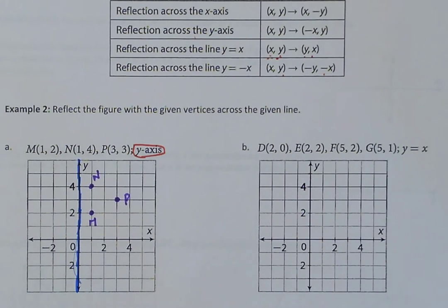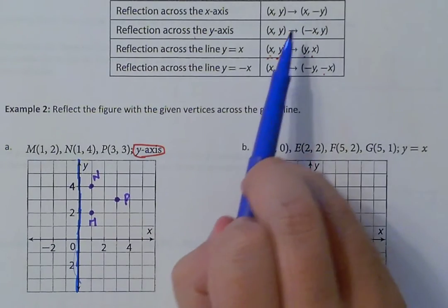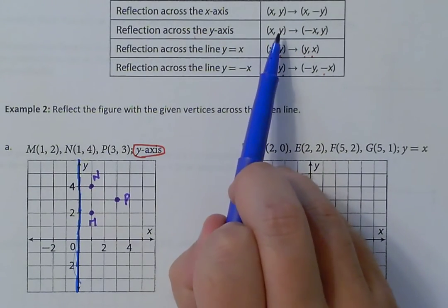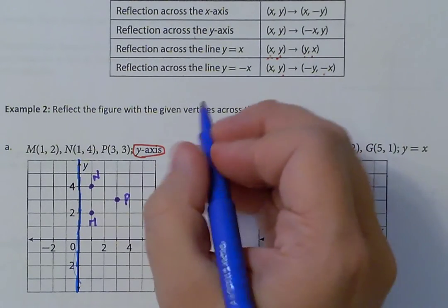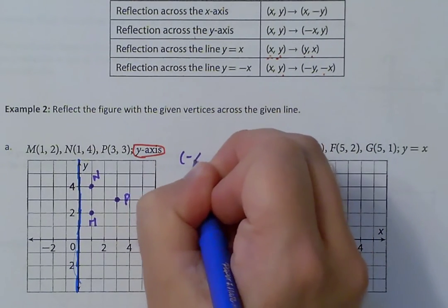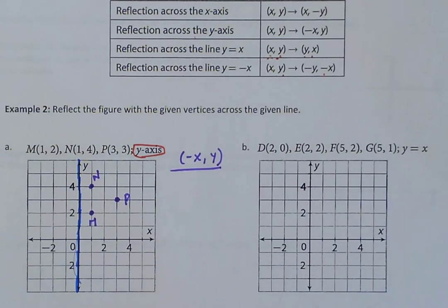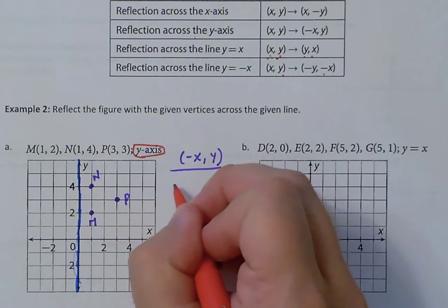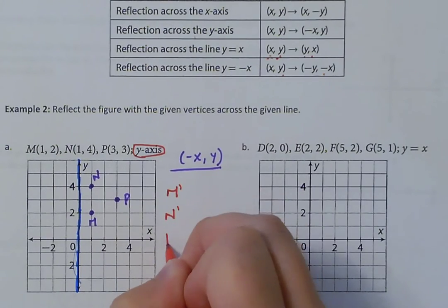Alright, so if we want to go through and reflect across the y-axis, okay, my coordinate rule for across the y-axis is x comma y goes to negative x comma y. So that's going to be the rule that I use, is negative x comma y. So we're going to go through and transform all of my points. So M prime, N prime, and P prime.